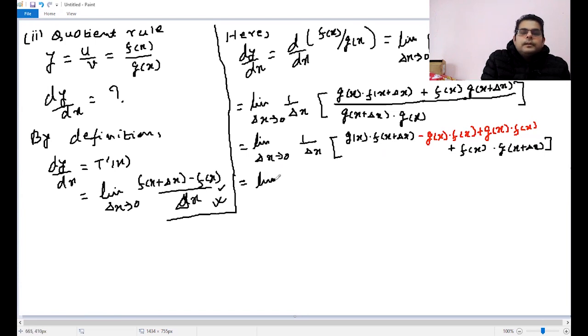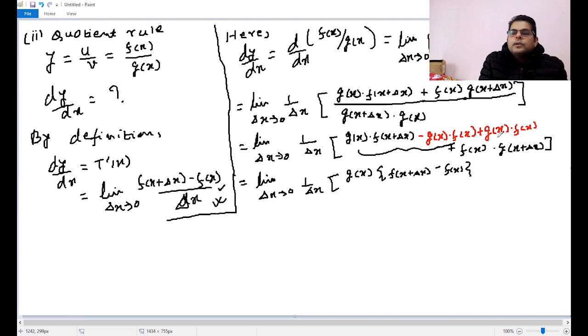This is limit Δx tends to 0, this is 1 by Δx. So from here till here you can take g(x) common out, so this is g(x), and inside the bracket you'll have the f(x+Δx) term, and then minus f(x). Okay, as g(x) has been taken common out.